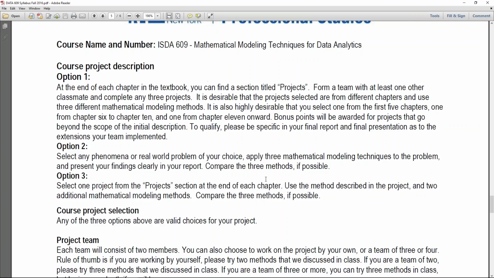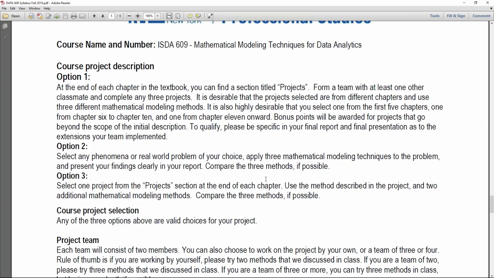So option three, select one project from the project section at the end of each chapter, use a method describing the project and two additional mathematical modeling methods. Compare the three methods if possible. Essentially, you already fixed one particular problem, but you use two other modeling approaches from other chapters.